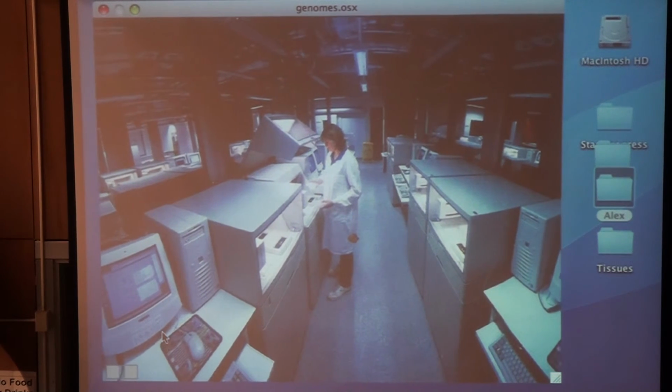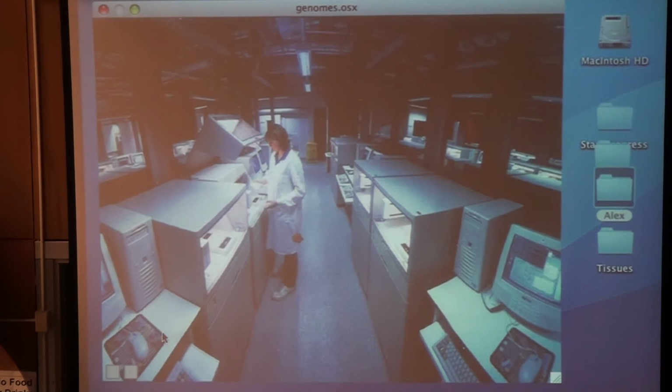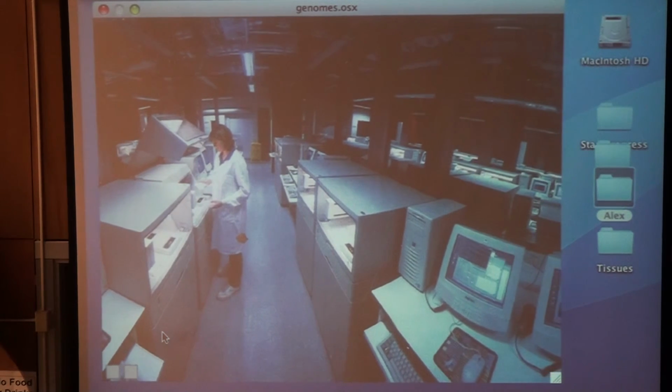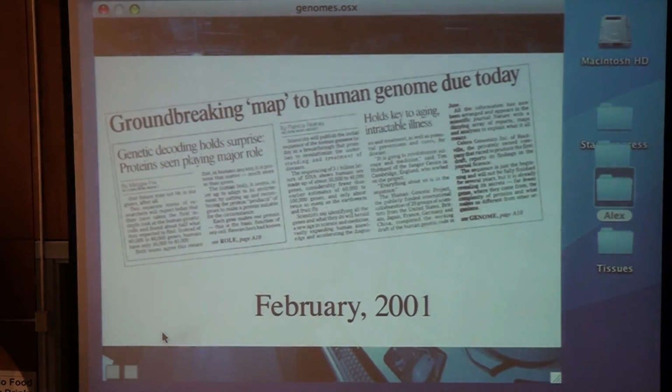These are some of the sequencing machines that they just had running day and night to get it all sequenced. And as they were doing the sequencing for the Human Genome Project, the technology of how you could sequence DNA got better and better. In other words, the methods that they started with were not the methods that they ended with.